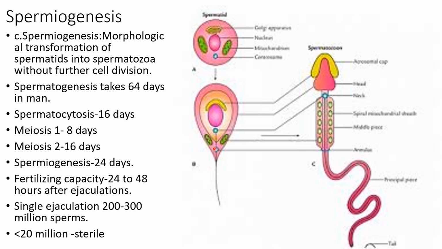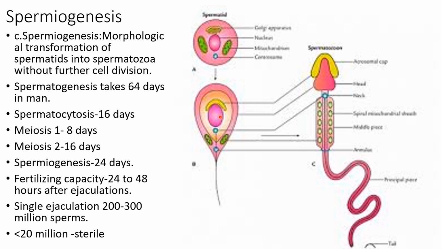The mitochondria will arrange themselves spirally around the axial filament. Then the nucleus will evaginate the cytoplasm, but it is still covered by cell membrane, and it will form the head of the spermatozoa, and the excess cytoplasm is now extruded.